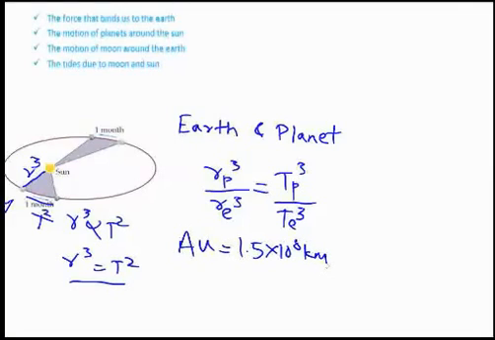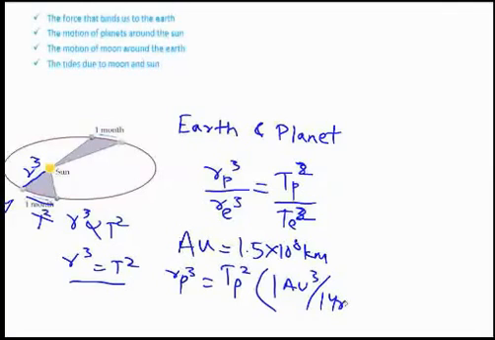Now if I substitute that over there, I get rp^3 is equal to tp^2. I substitute re^3 by tp by te cube, te square is equal to 1.5, that is 1 AU, astronomical unit, divided by 1 year square.